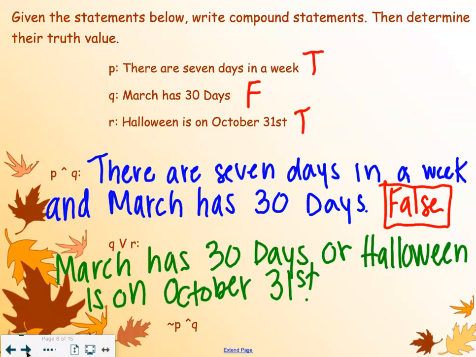How many need to be true for an or? One. Just one. Are one of those true? Yep, so this whole thing would be true.